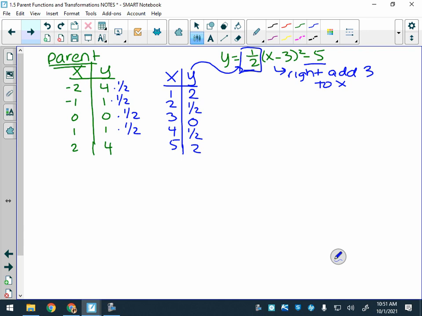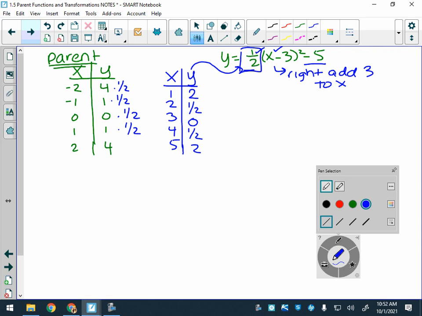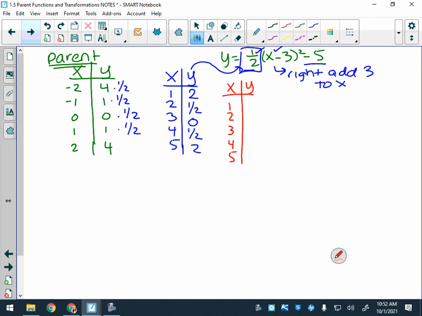So we took care of just now vertical compression, and we moved to the right. The last thing we have to do is do what? Yeah, Rory. Good. So we have these x values carried over, and we're subtracting 5 from y. So what's 2 minus 5?